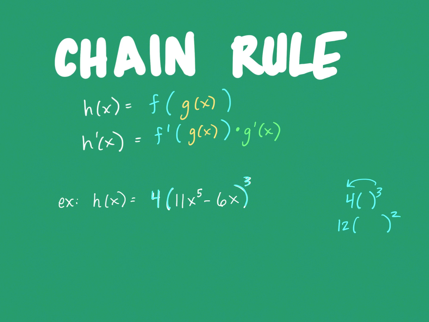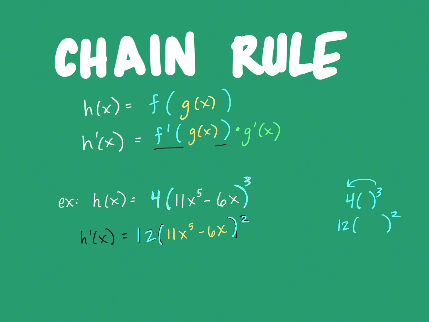When I'm doing h prime of x, the first thing I'm going to write is the derivative of the outside function, because that's this blue part here, the f prime, right? So I'm going to have 12 something squared. Okay, that's the derivative of the outside function. But I'm going to leave the inside function exactly as it was. 11x to the 5th minus 6x is going to stay exactly as it was.